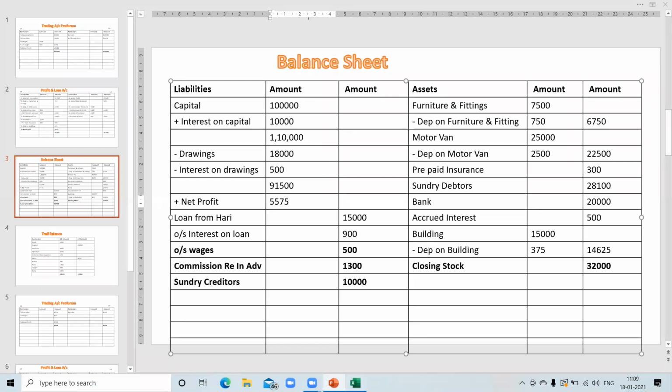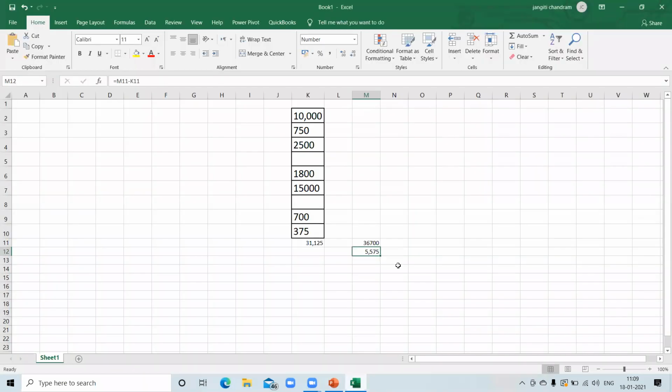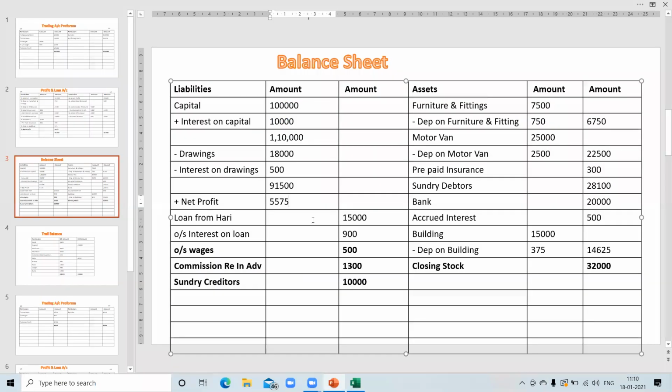So then for example, 91,500 plus 5,575, 97,075. So 97,075.